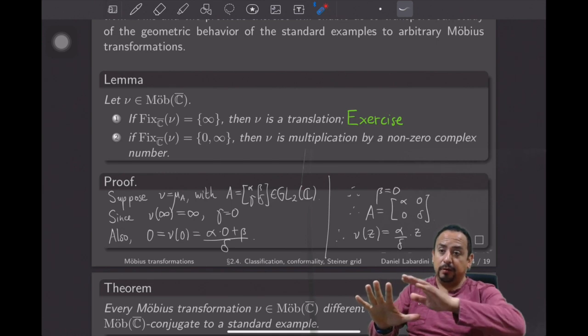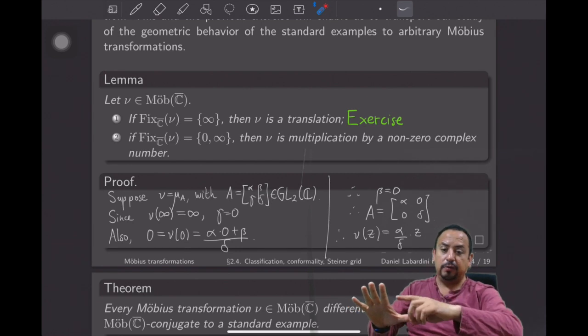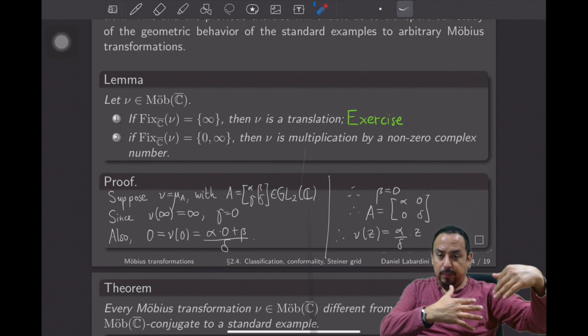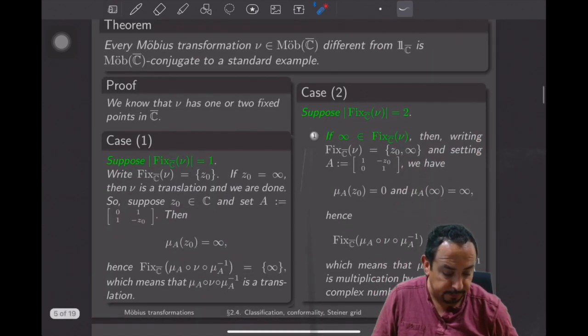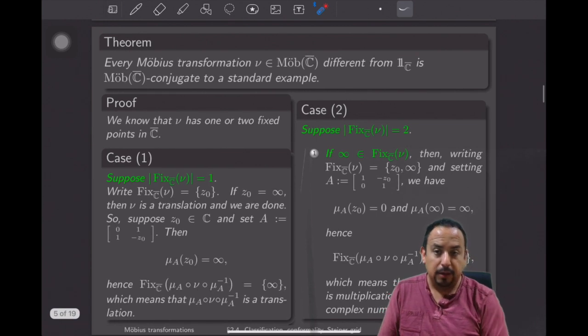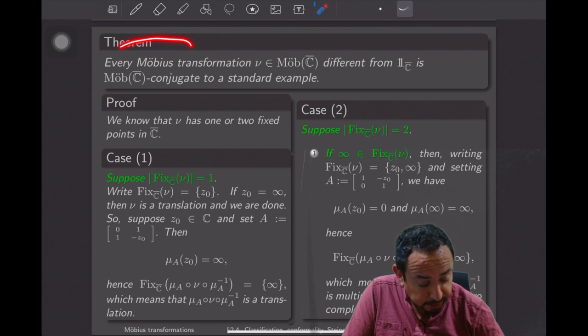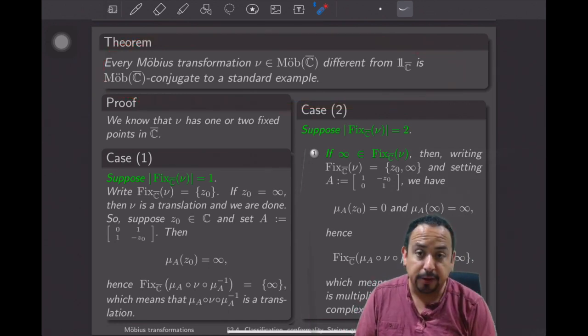And then later we're going to use the inverse of the conjugating transformation to map back the geometric picture we had for the standard examples. So this is the theorem that every Möbius transformation is conjugate to a standard example.